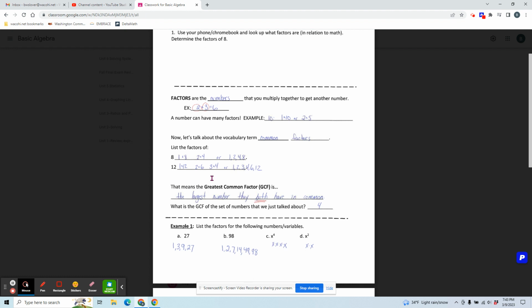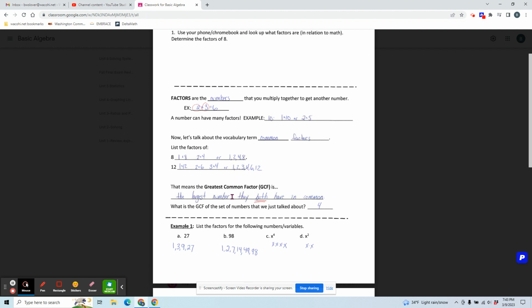So we're going to take this one step further. We are looking for the greatest common factor, which is the acronym GCF, and that's the largest number that they both have in common. Now, for purposes of this class, we're focusing on binomials. We realize that you could have a greatest common factor for trinomials or for any other polynomials, but we're just going to focus on binomials.